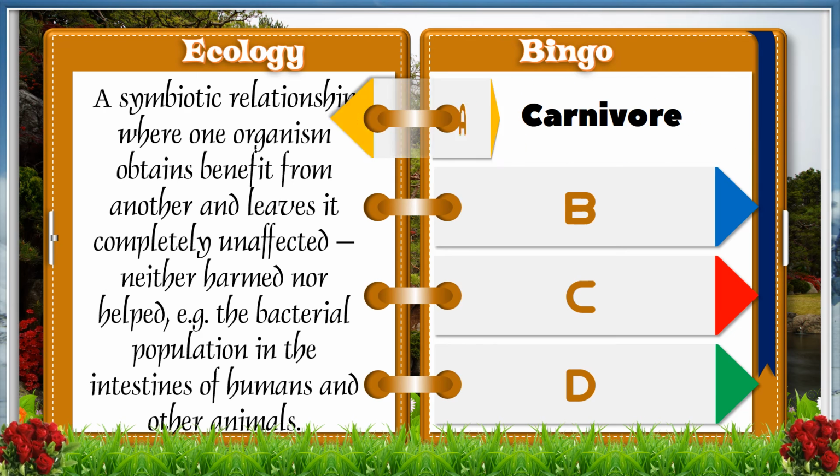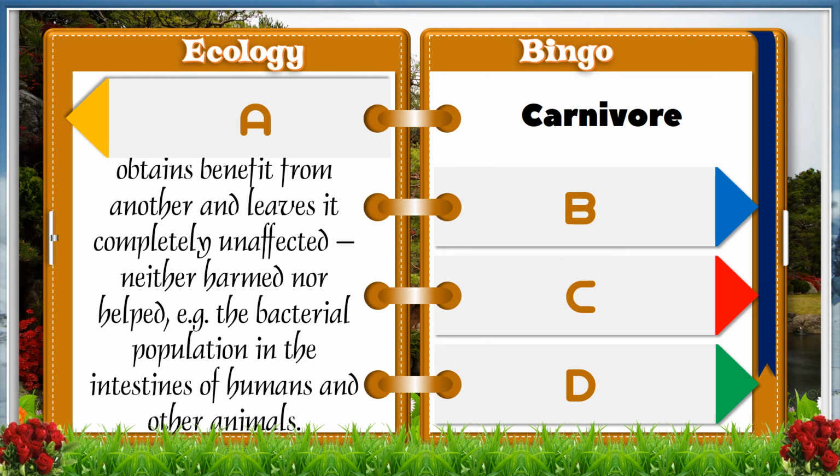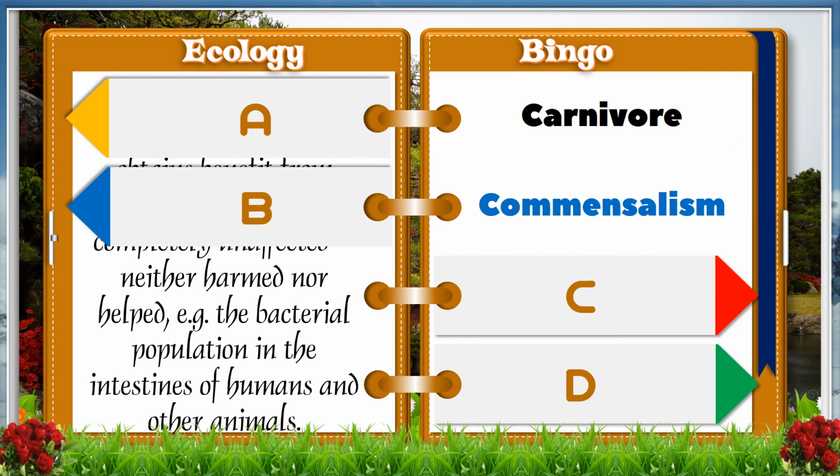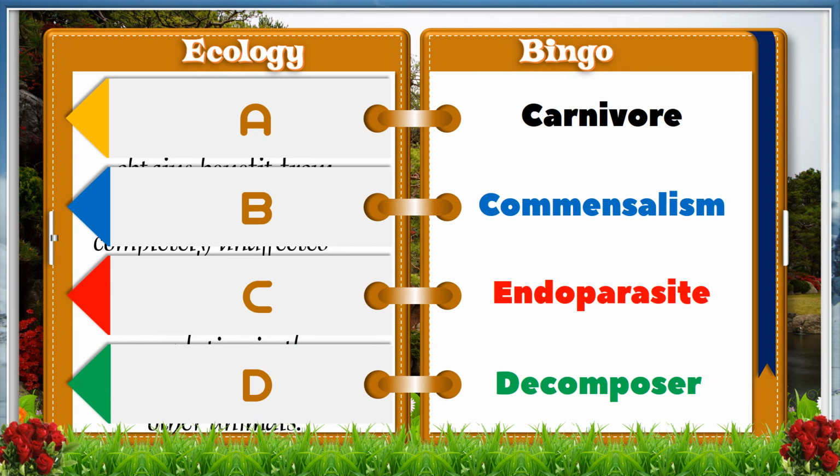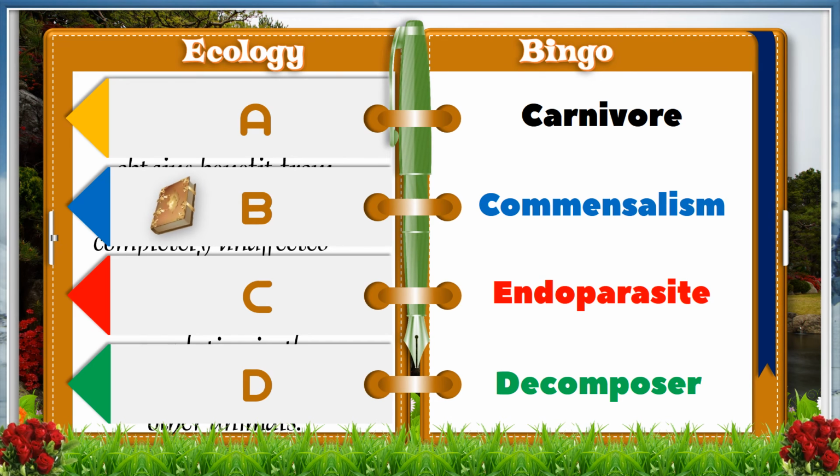A. Carnivore. B. Commensalism. C. Endoparasite. D. Decomposers. The answer is B. Commensalism.